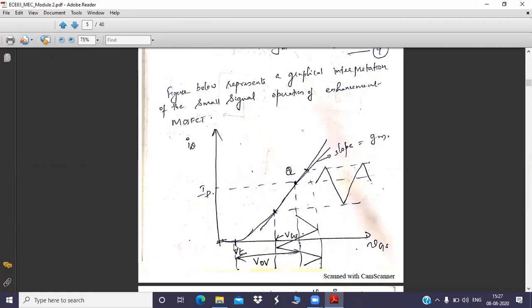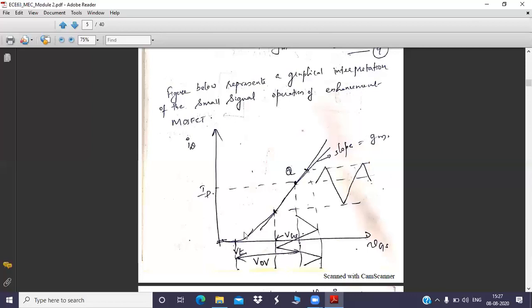The device will switch on, or the channel will get induced, only when the input voltage is greater than threshold. Whenever your input voltage becomes at least the threshold voltage, the channel gets induced and the current will begin to flow. From this point, when you increase the voltage, the current slowly increases like this.